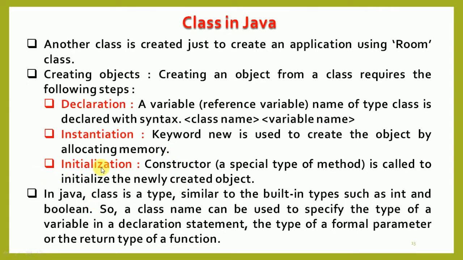And initialization. The constructor, a special type of method, is called to initialize the newly created object. In Java programming, a class is a type similar to built-in types such as int and boolean. So a class name can be used to specify the type of a variable in a declaration statement, the type of formal parameters, or the return type of a function.